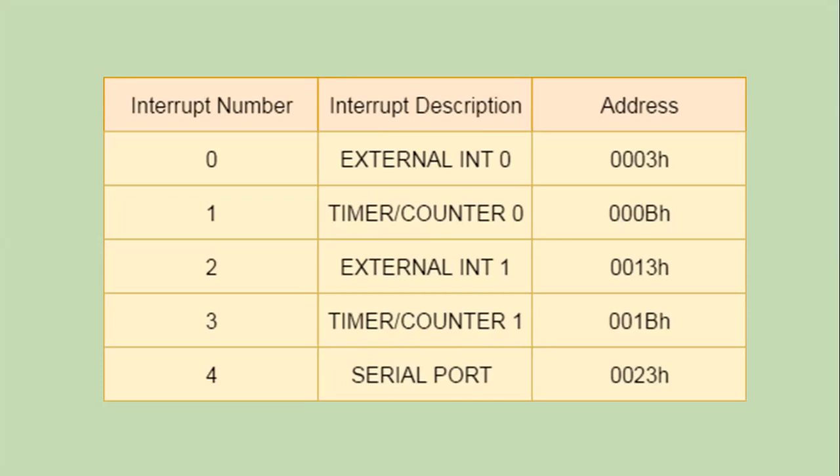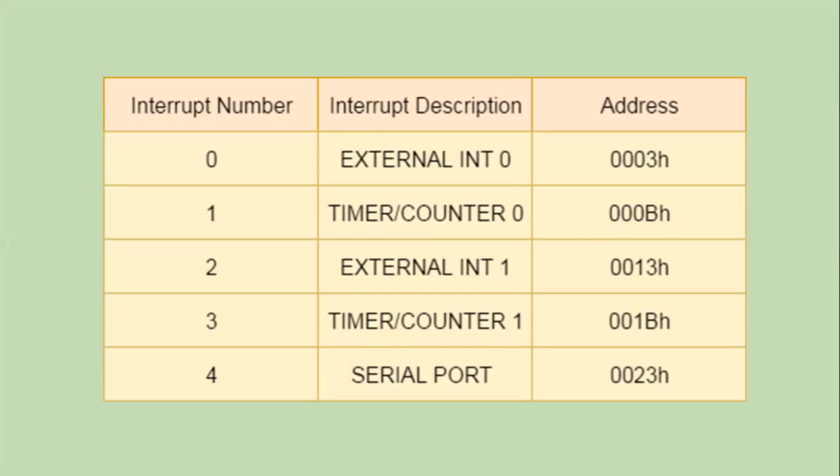Now in this table there are 5 interrupts. One is INT 0, second is timer counter 0, third is INT 1, fourth is timer counter 1, and fifth is the serial port. This is the precedence of the interrupts present in 8051.